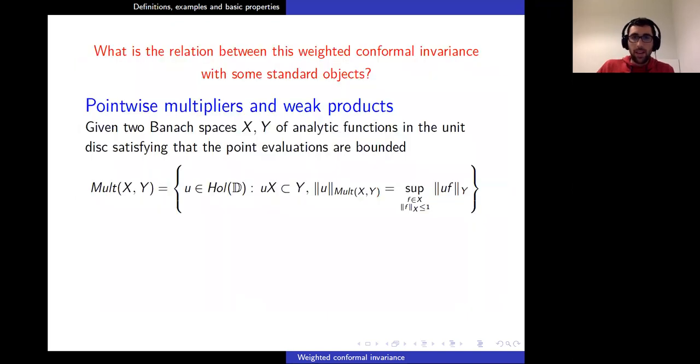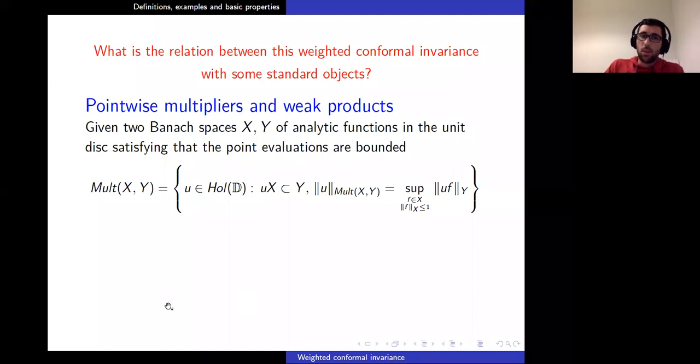Now, we begin the study of our weighted conformal invariance property. First of all, we will see the relation between our invariance and some standard objects. In this part, we will consider two Banach spaces of analytic functions in the unit disk, X and Y, satisfying property 1, that is, the point evaluations are bounded.